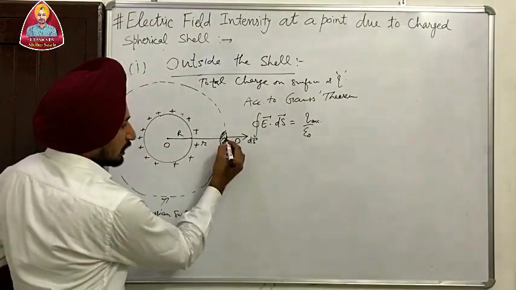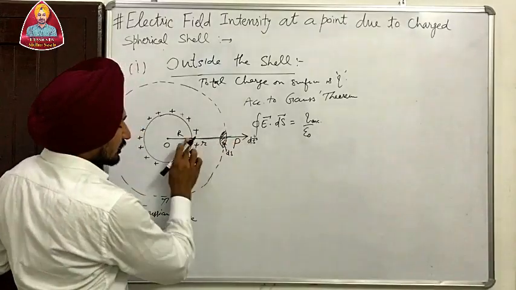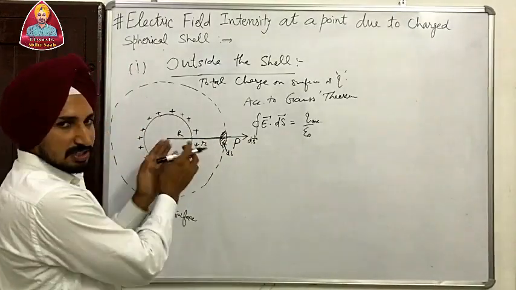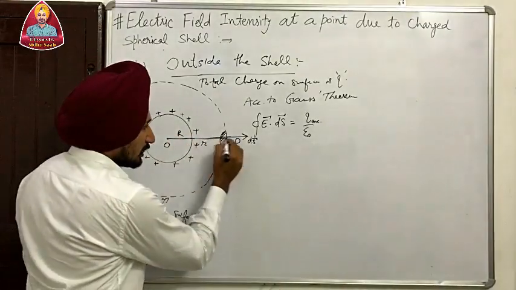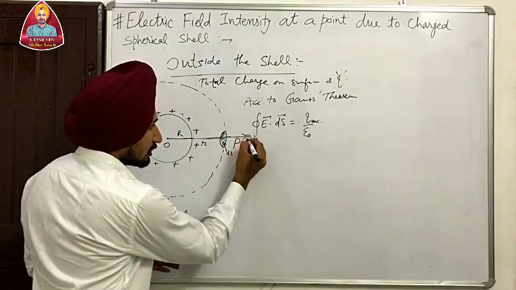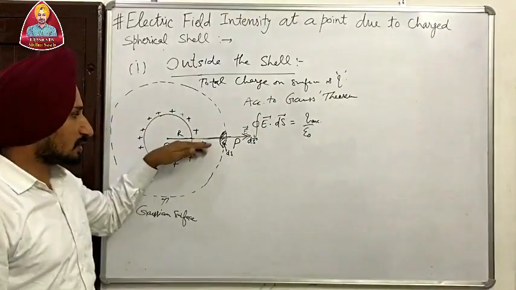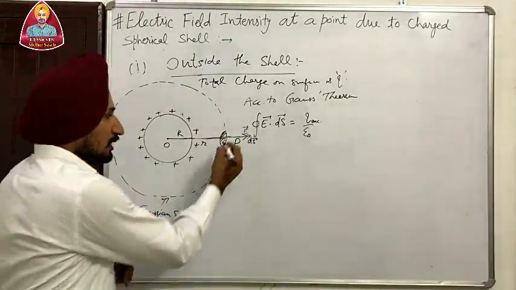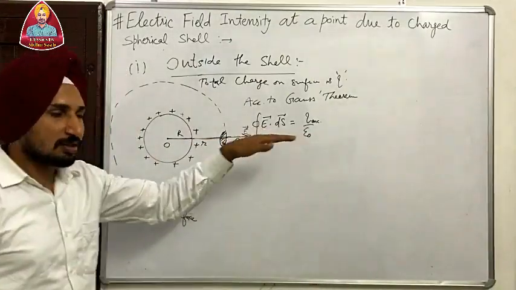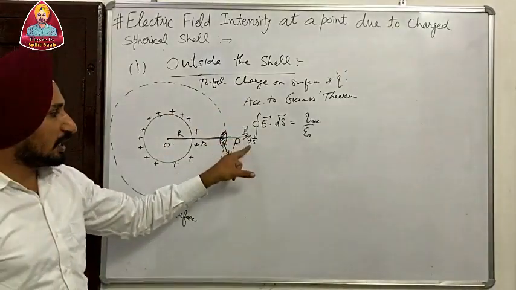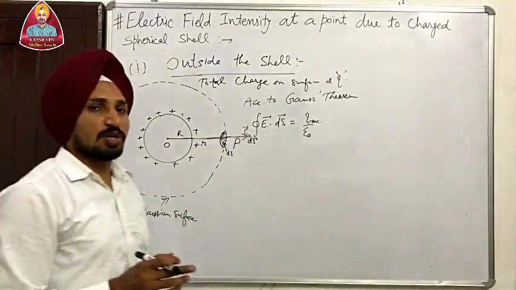So at point P, the direction of the electric field intensity due to this uniformly charged spherical shell is also in this direction. The E vector and ds vector at point P are in the same direction, so the angle between E and ds will be 0 degrees.